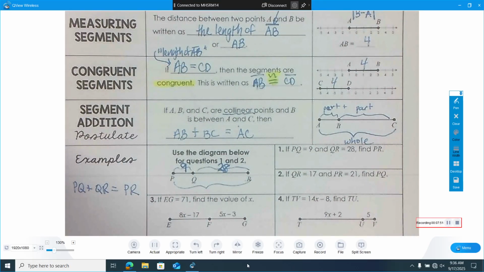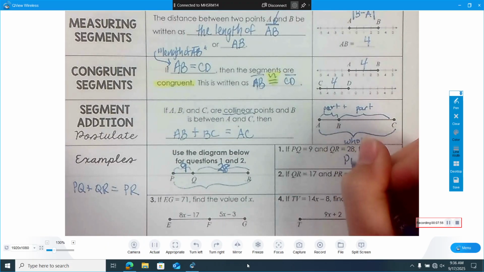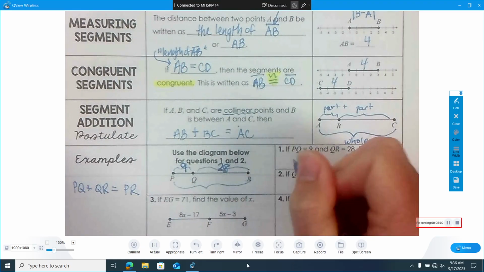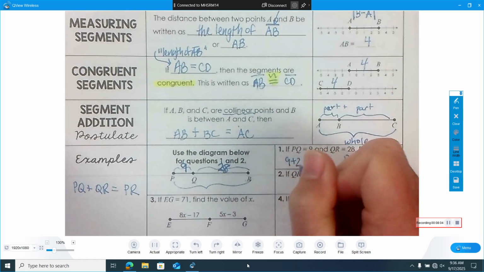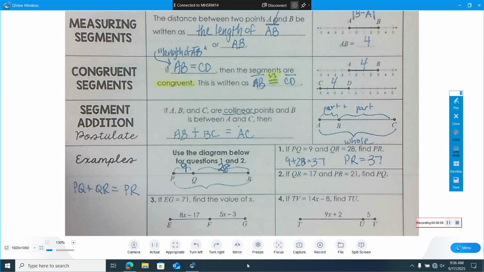What's PR? How'd you get 37? The whole thing is simply 9 plus 28. 9 plus 28 equals 37. Really, that one was easy.